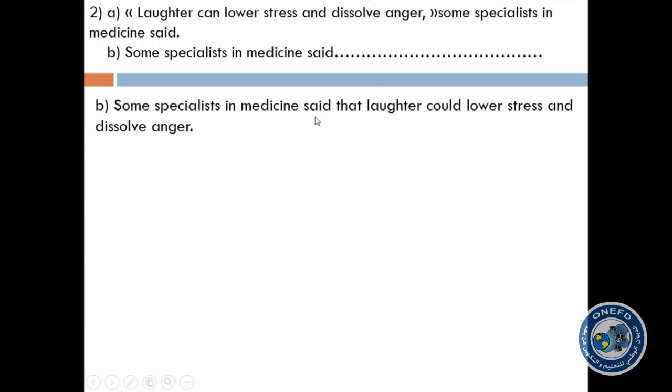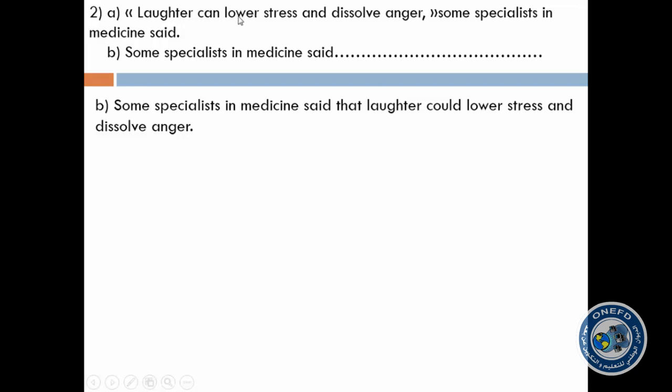As you can see, our introductory verb said is in the simple past, and the tense of our sentence in the direct speech is the present.